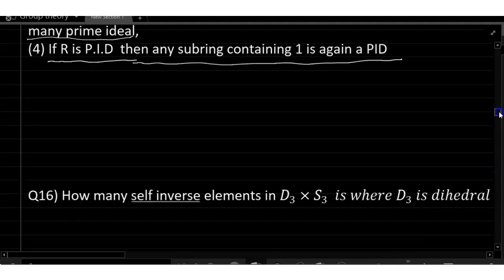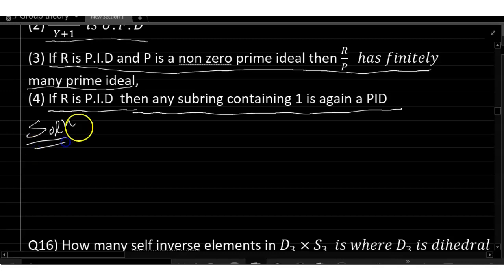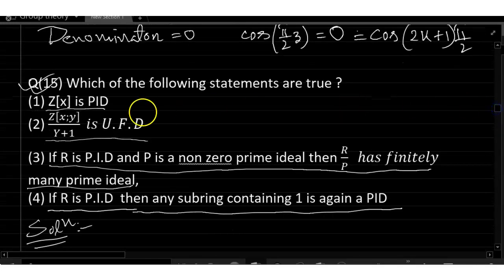So friends, let's try to solve. Number 1 solution. For 1, Z[x] is a PID. This is wrong.